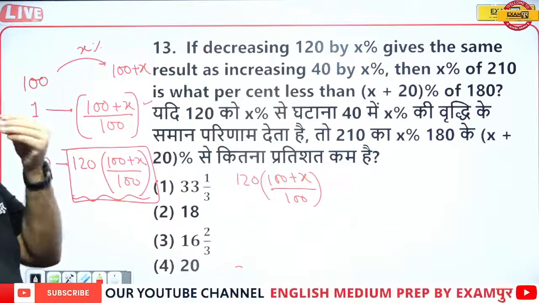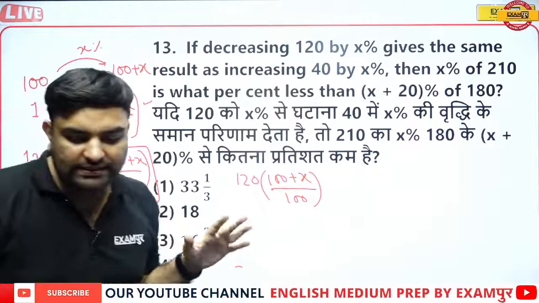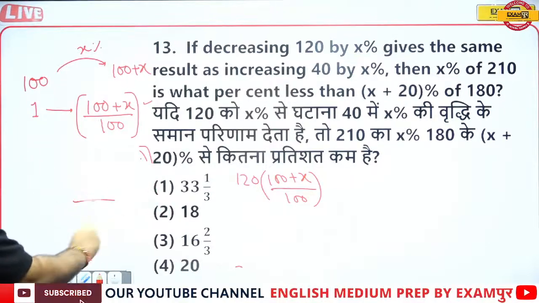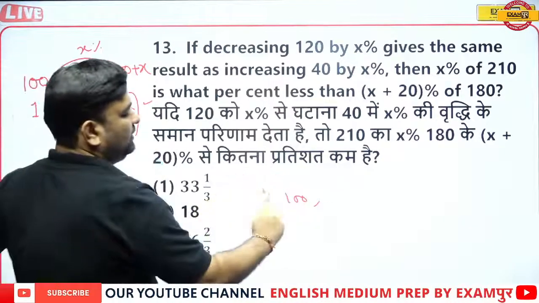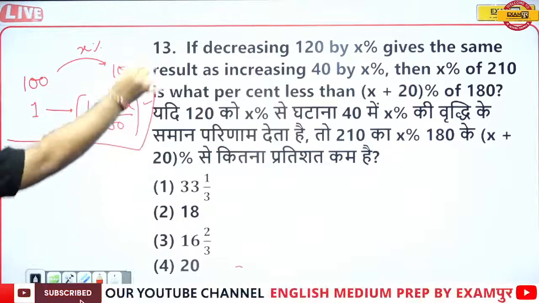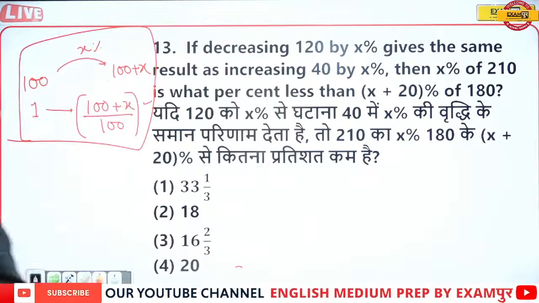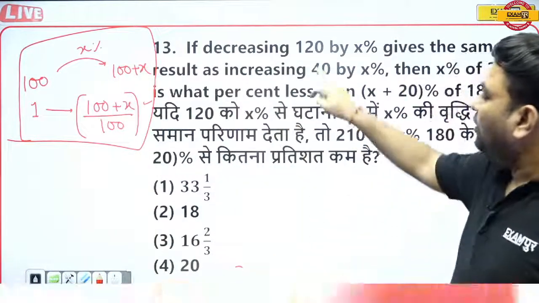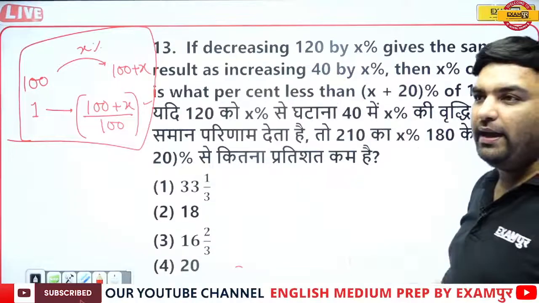It's decreasing, so I should be changing the sign. That is what I was explaining to you. So till here it is the same, this is the logic which I was explaining. After this, we will do the question. On decreasing 120 by x percent.